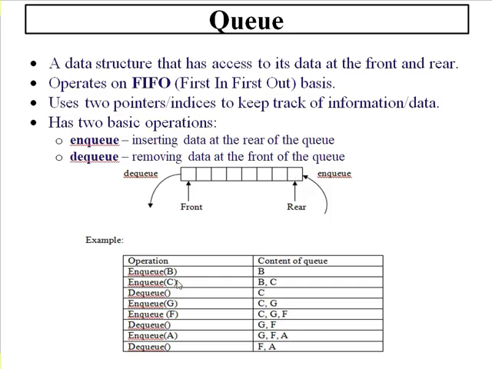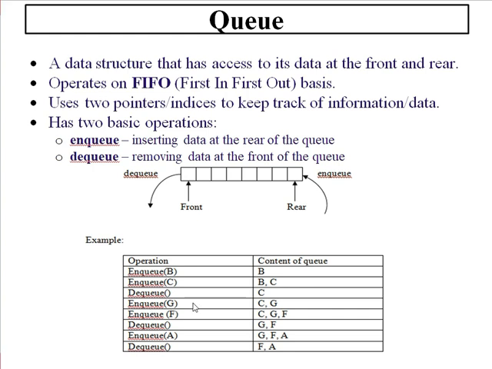Then enqueue C will add C into the next slot, that is, B then C. So B is at the front and C at the back side. Dequeue will remove B because the front is B, and the container will be left with only C after the dequeue operation.